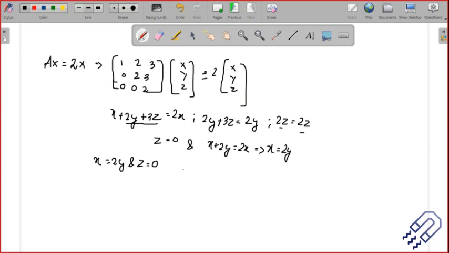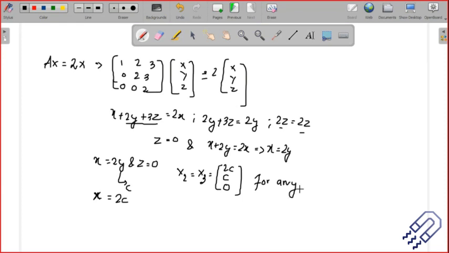So x is basically an eigenvector of A corresponding to this value. We can write x2 is equal to x3, both corresponding to the same eigenvalue, where x is equal to 2y. If we take y to be an arbitrary constant c, then x is equal to 2c, and z is equal to 0, already found out.